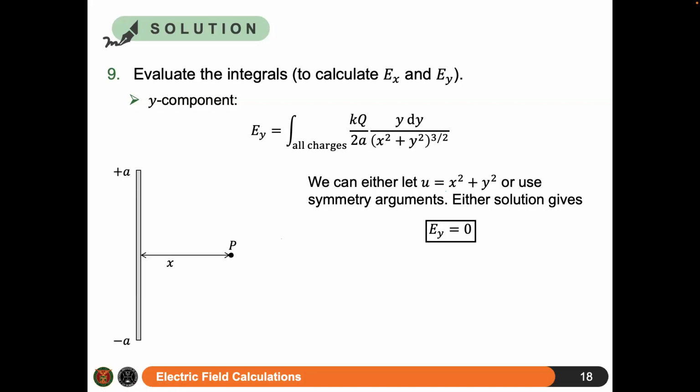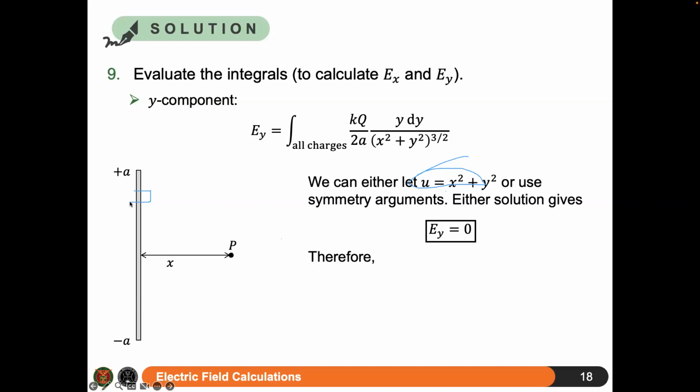If we simplify u, you get an integral that, if you evaluate from the endpoints, becomes 0. That is your assignment: how it becomes 0 using let u equals x squared plus y squared. Using symmetry arguments is easier.